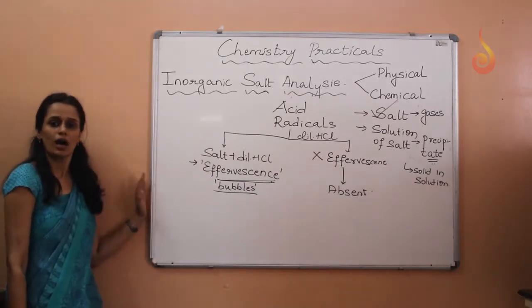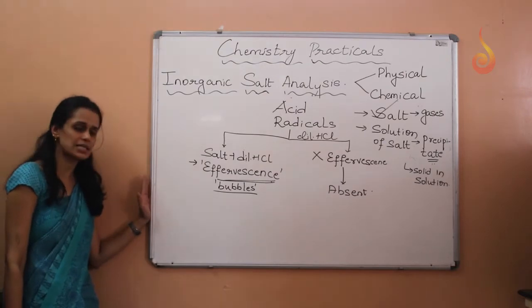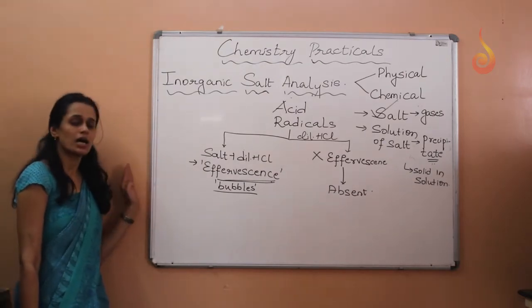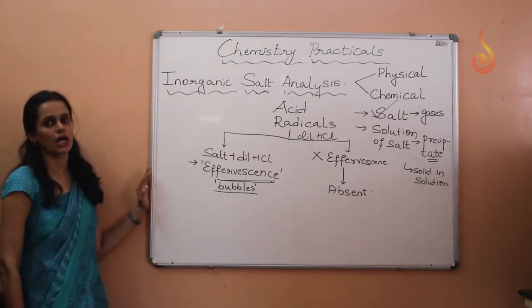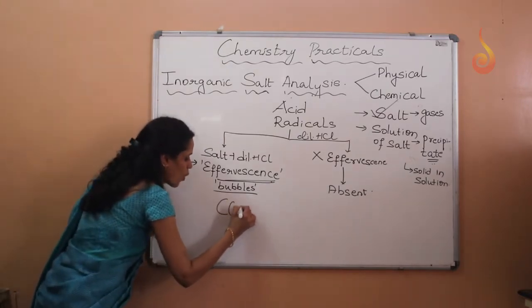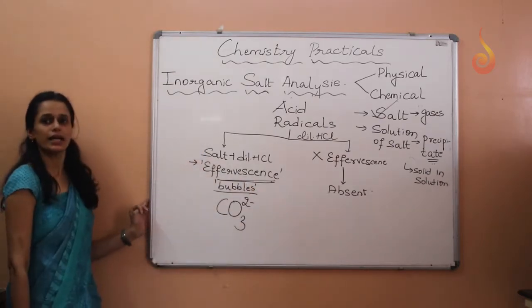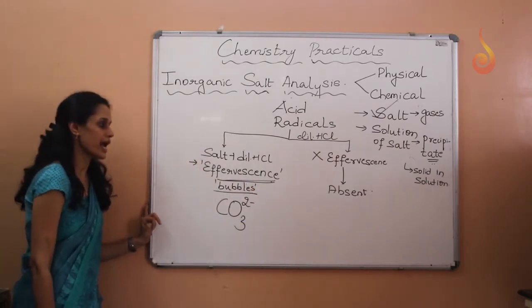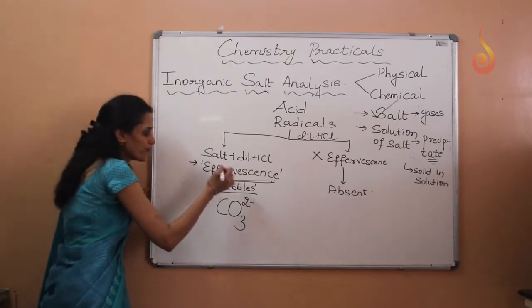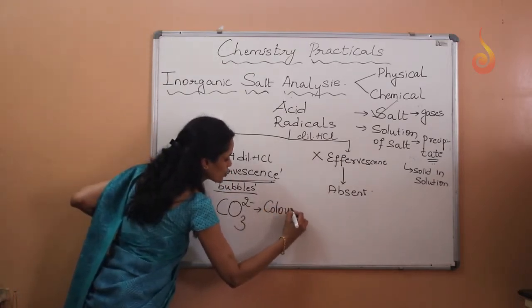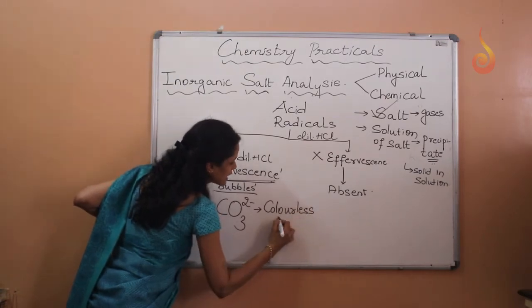It may be carbonate, sulfide, nitrite or acetate. But according to our syllabus, we have only one type of acid radical, that is carbonate radical. And after effervescence, we also observe evolution of colorless gas.